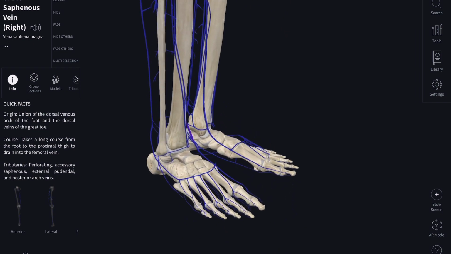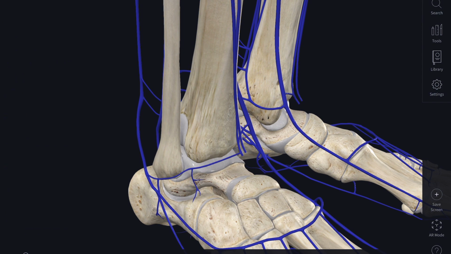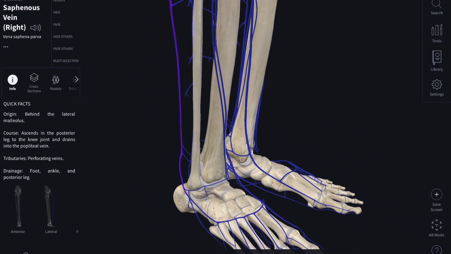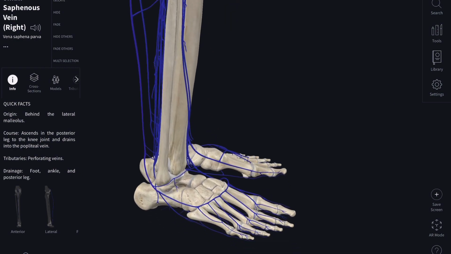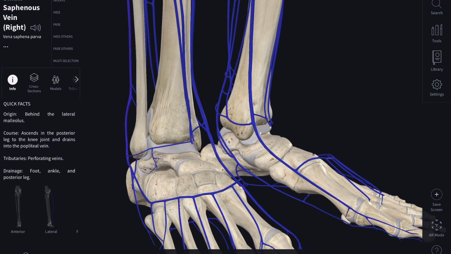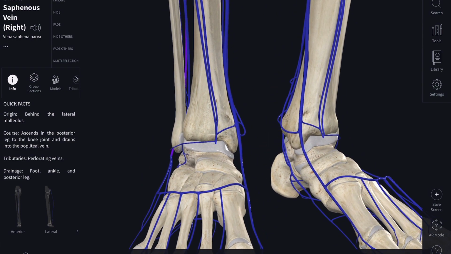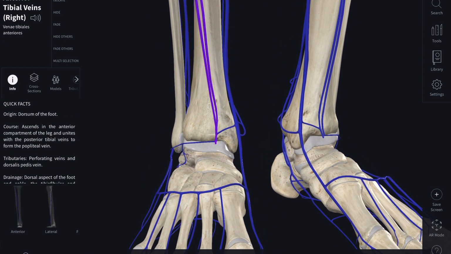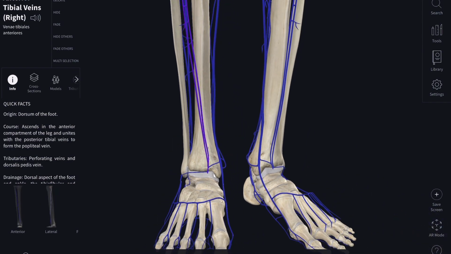And then on the lateral aspect, it's going to extend into another superficial vein, which is the small saphenous vein. Wait, hold on a second. Yes, this is the small saphenous vein, which is going to extend all the way posteriorly to empty into another deep vein. And then anteriorly, it is going to empty into a deep vein, which is the one right in front of us now, which is the anterior tibial vein.